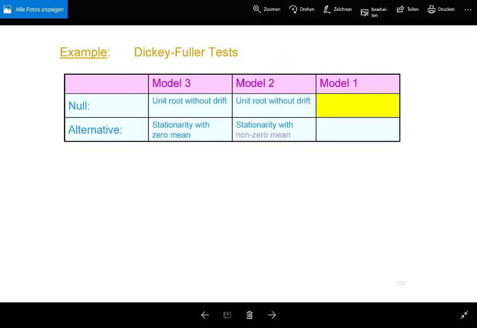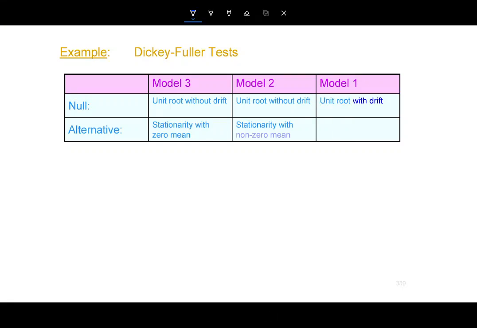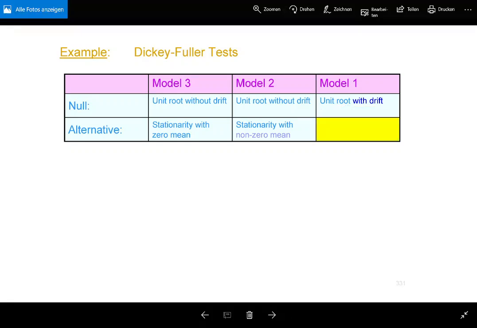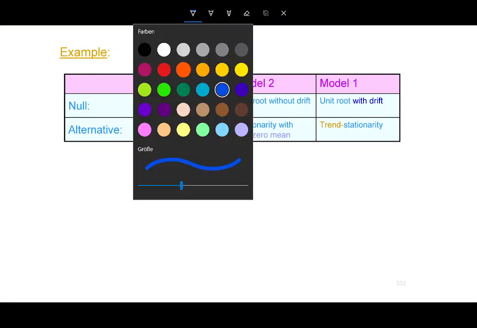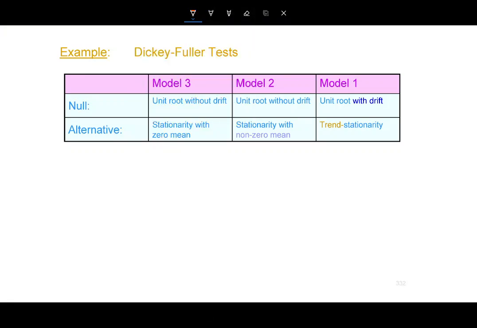Now as far as model 1 is concerned, the null hypothesis was that it has a unit root with the drift. Now the issue is, in practice, and I want to talk about the alternative also, trend stationarity. I cannot distinguish, if I look at the path, whether the process is an integrated process with a drift or without a drift, because the variance of the random walk is relatively large.